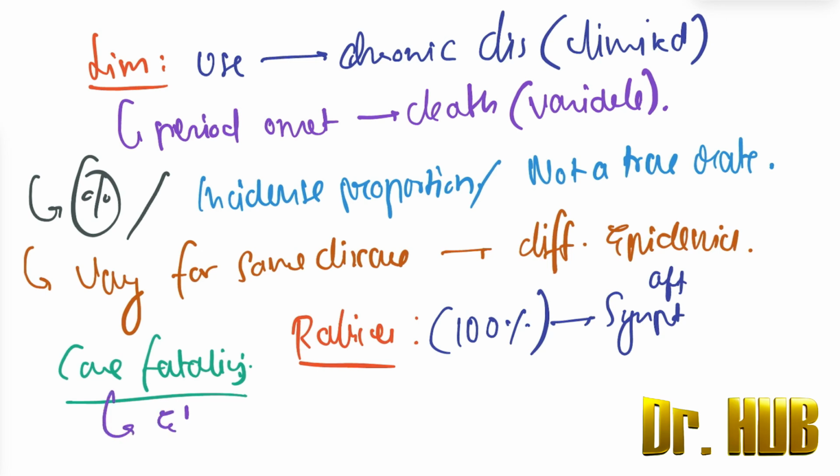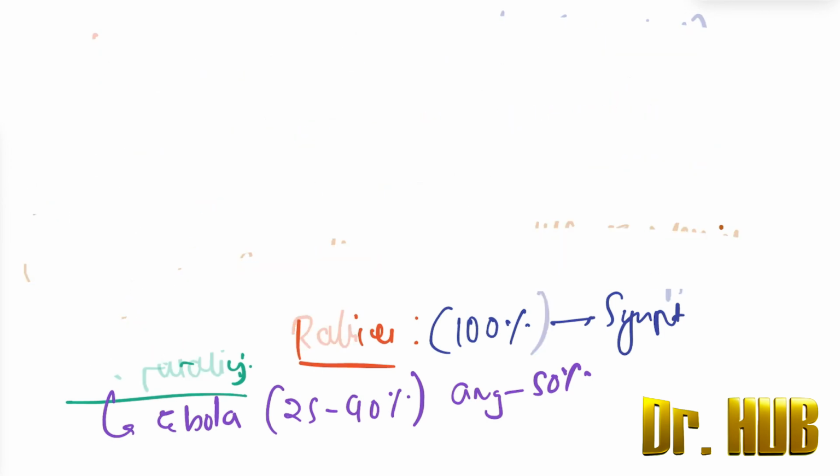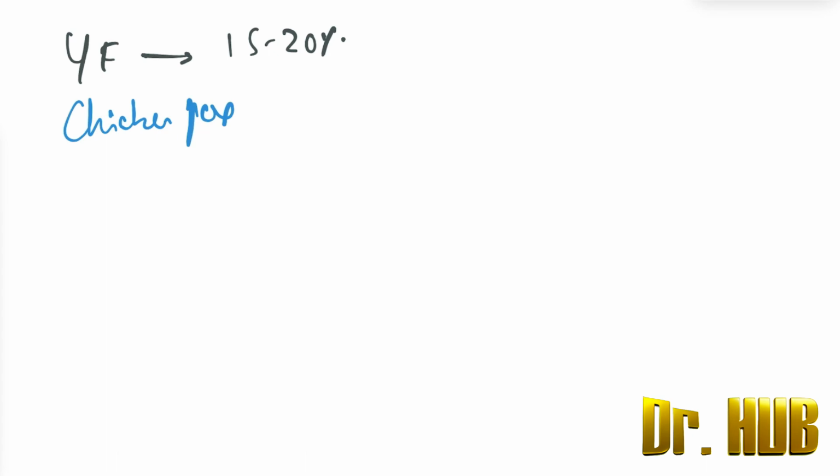Next comes Ebola, which is about 25 to 90%, the average being up to 50%. Next, yellow fever is 15 to 20%. Then chicken pox is 0.001%.